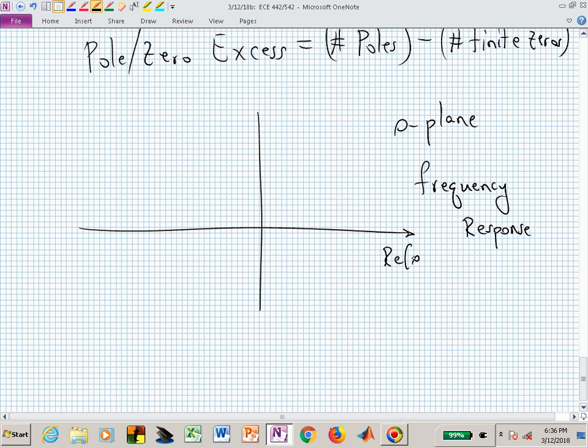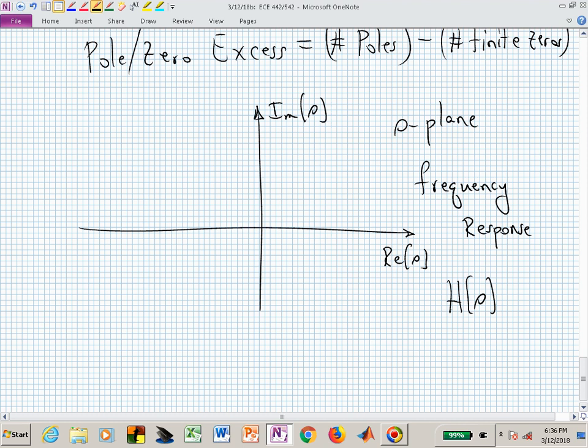Here's the real values of S. Here's the imaginary value of S. If I want the frequency response of H(s), where do I live in the frequency domain? If I wanted to plot the Bode plot, where would I evaluate this H(s)? There's some place in the S domain that we would walk.